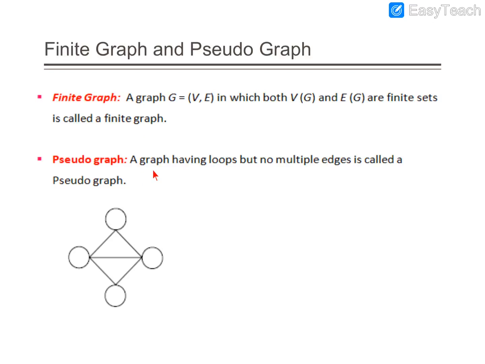Pseudograph: a graph having loops but no multiple edges is called a pseudograph. In this graph, there are loops at every vertex but there are no multiple edges. So if only loops are there but no multiple edges in a graph, then it is called a pseudograph.